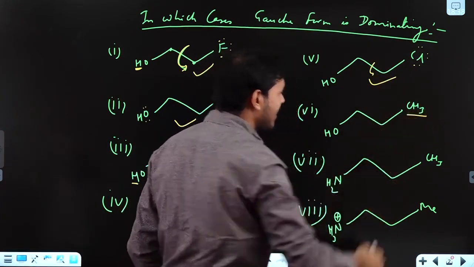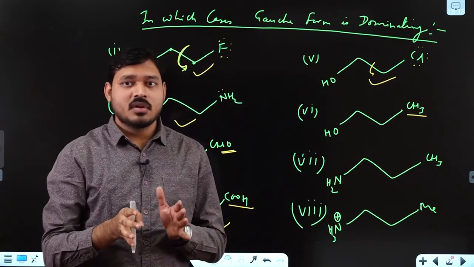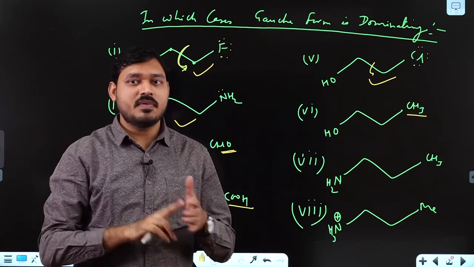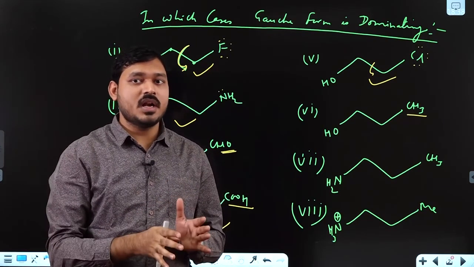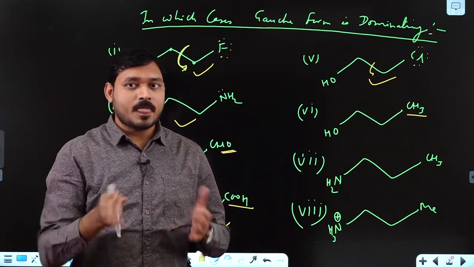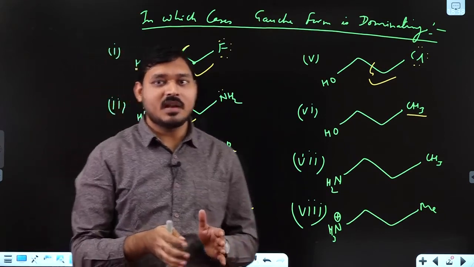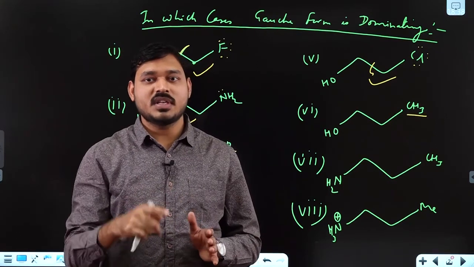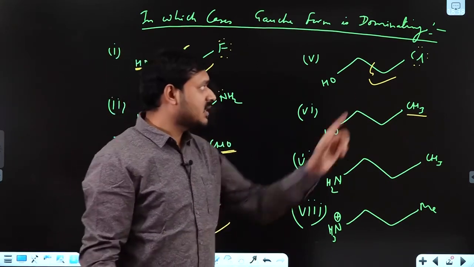Here this CH3, the hydrogen which is attached with more electronegative elements like oxygen, fluorine or nitrogen will only undergo hydrogen bonding. Again, hydrogen bonding can be done by most electronegative elements like fluorine, oxygen, nitrogen, in some special cases chlorine.